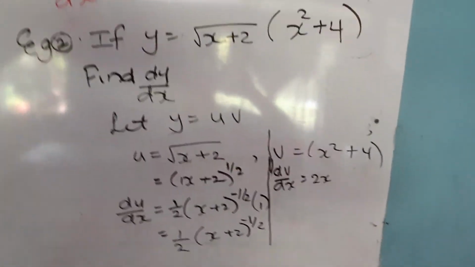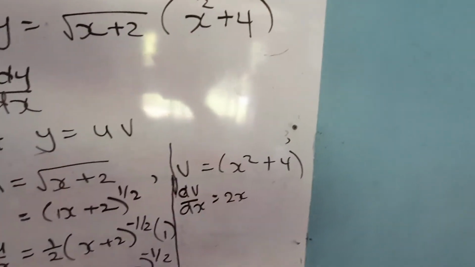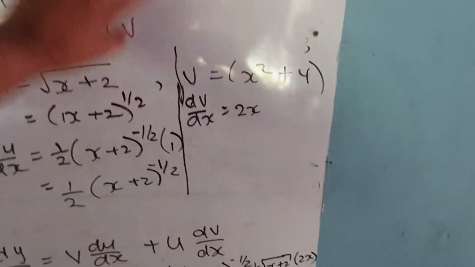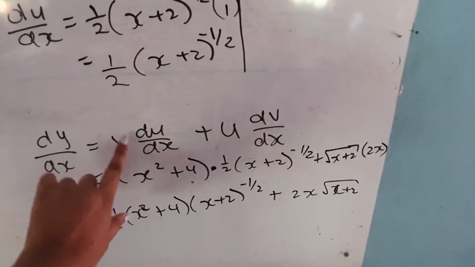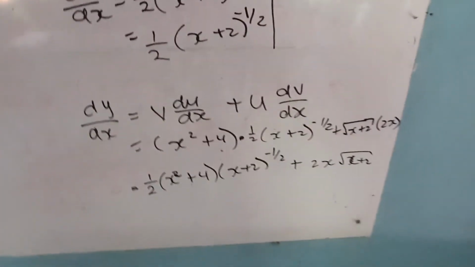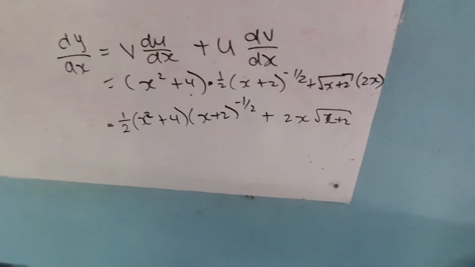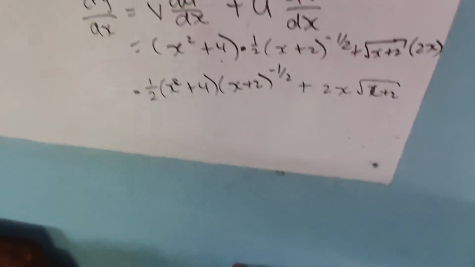You identify what your u is, then you identify what your v is. You differentiate your u, then you differentiate your v. Then you write down your formula for your product rule, and you do your necessary substitution. If it's one that is easy to simplify, you go ahead and simplify it. If it's not, you could leave it as it is. And that's it, basically, the product rule.